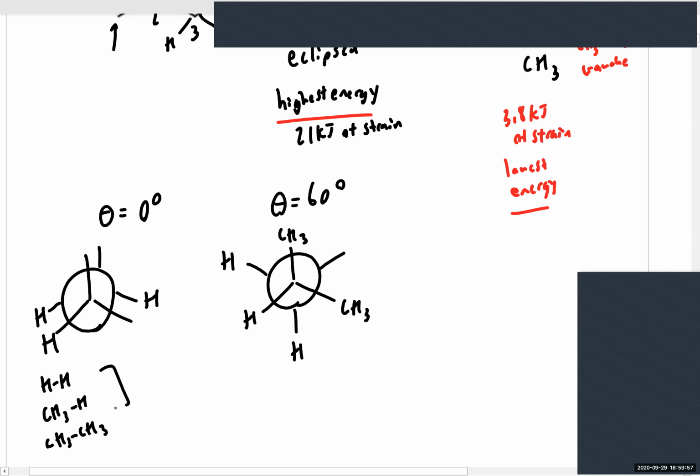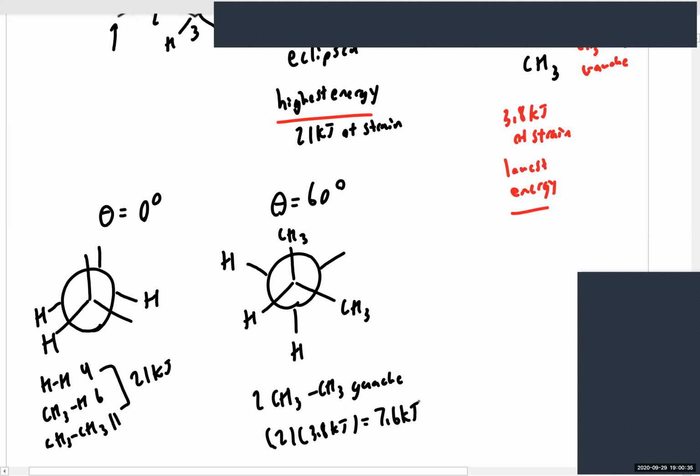And this just is showcasing and proving to everyone that these highest and lowest energy conformations are in fact the highest and lowest energy conformation. So we've established that the eclipsed conformation with a dihedral angle of 0 has 21 kilojoules of strain. At 60 degrees, we have 2 methyl-methyl gauche interactions. So we have 2 times 3.8 kilojoules, which gives us 7.6 kilojoules of strain.